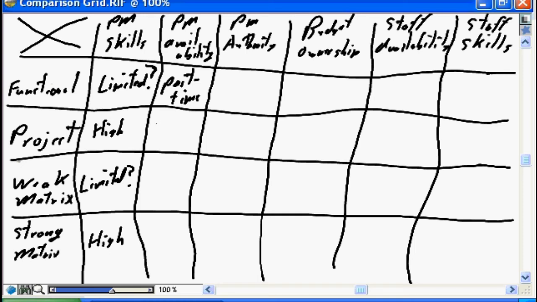From a project organization viewpoint, their only focus is on project management, so they have full-time availability for project management. The weak matrix, the same as the functional, because it is the same manager from the line management area, again, is going to be part-time. Where the strong matrix, the assumption is because they are the staff PM, their availability is going to be 100%.